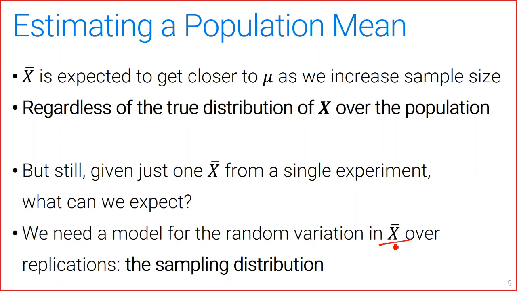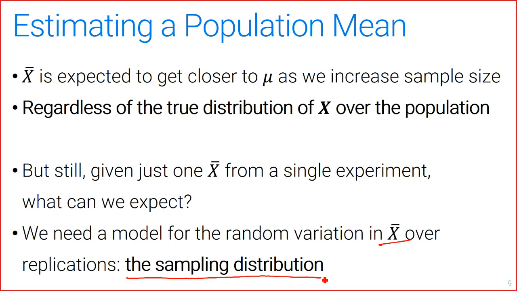So we need a model for the sampling distribution. The law of large numbers is telling us that we are getting closer and closer on expectation. But for any one given experiment, we have no idea of how close we are or even what to expect. So we have to account for the shape of the sampling distribution.